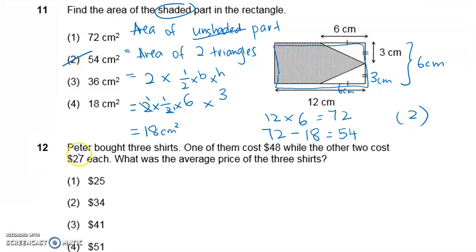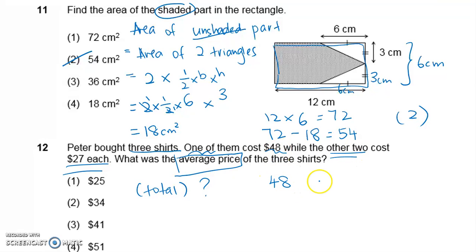Okay, question 12. Peter bought 3 shirts. One of them cost $48 and the other 2 cost $27 each. What is the average price of the 3 shirts? Okay, so to find the average, like I said previously, I need to find the total. I know that one is $48.